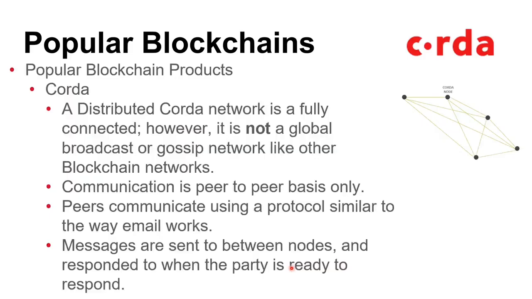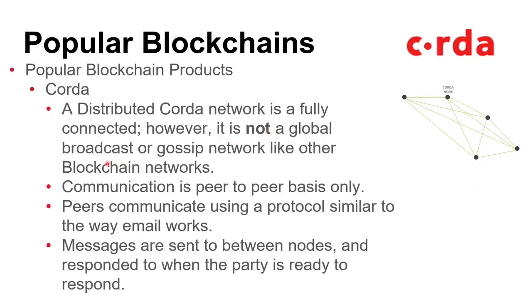The Corda network is not a gossip network. Only the nodes involved in the transaction communicate. Unlike a lot of other blockchains like Ethereum, where transactions are broadcast to all nodes, in Corda it's just the nodes that need to be part of the transaction.